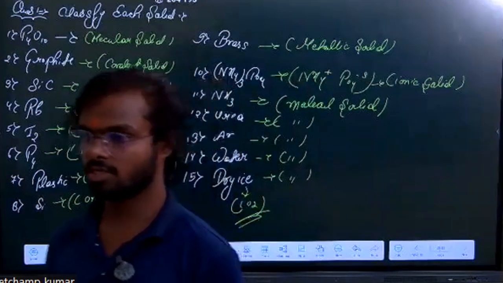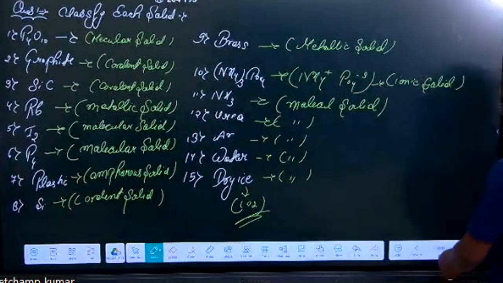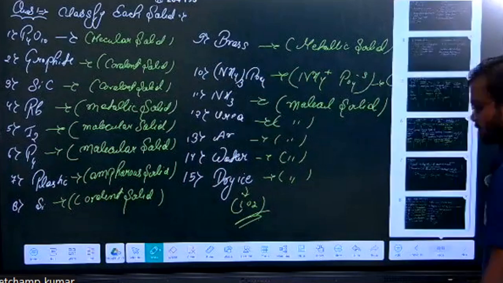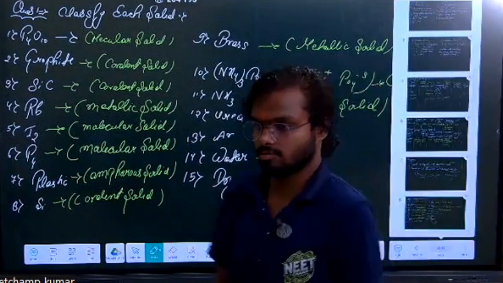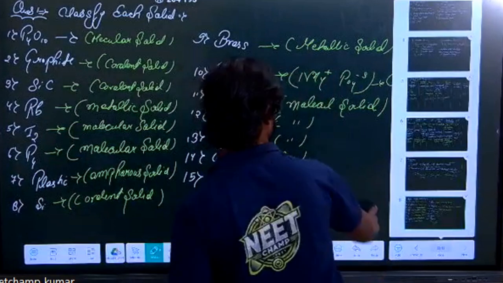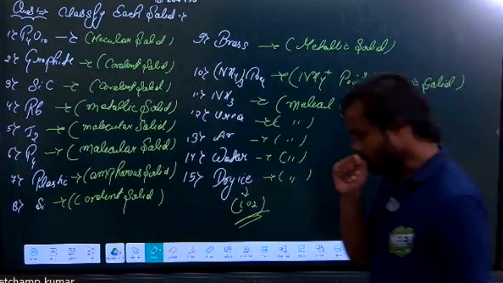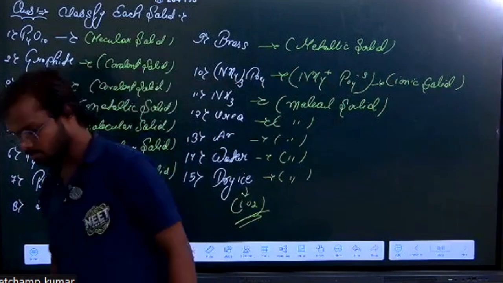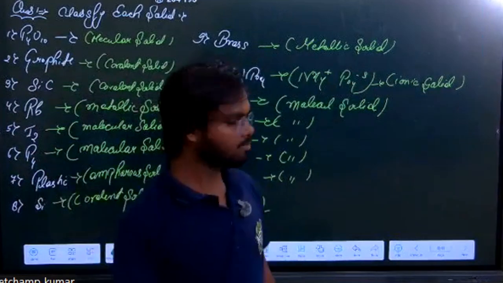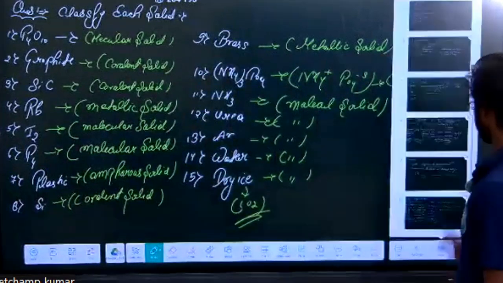I request everyone to join as soon as possible. We are going to start. Tell everyone that the class has started, so join as soon as possible. Okay, so let us start.